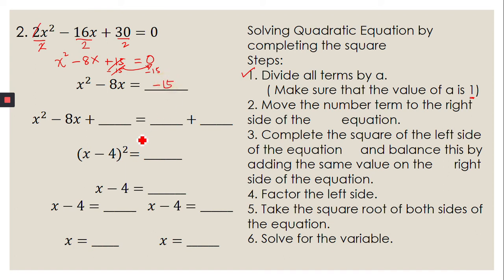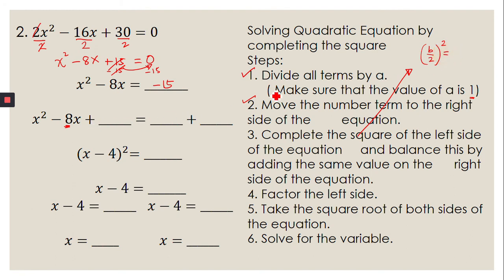Okay, and then after that, we are going to apply the third step, complete the square on the left side of the equation, and then you have to balance this by adding the same value on the right side of the equation. So we have to make this a perfect square trinomial. To do that, we are going to get the value of b over 2 squared.